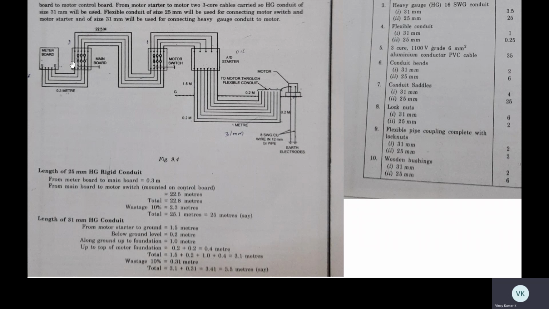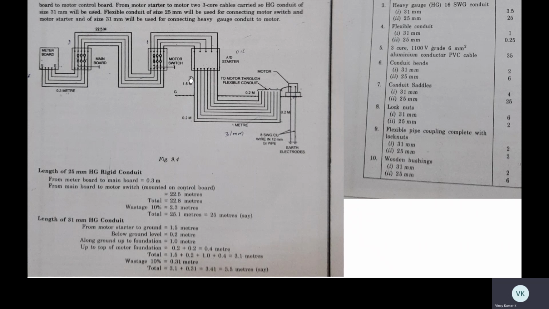The total conduits required. From motor starter to ground, we need to take the cables through the conduits. So for that purpose, from motor starter to ground, that is about 1.5 meters here, 0.2 meter down below the earth, and for the foundation 1 meter up to the top of the motor foundation, then 0.2 meter here, 0.2 meter here, total 0.4 meters.